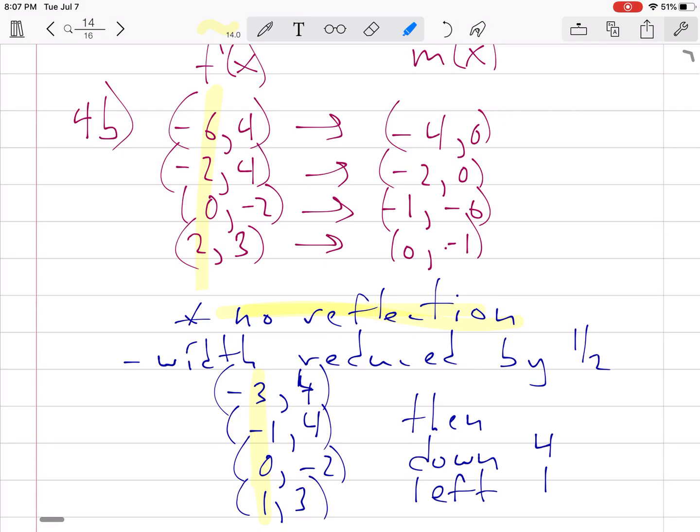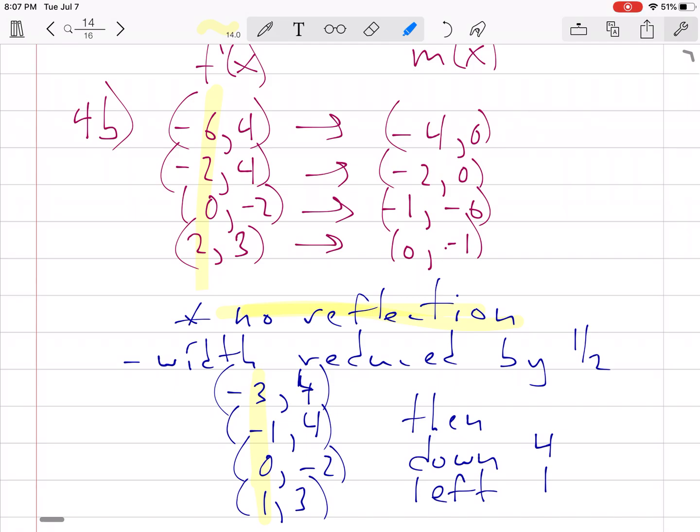So 6 goes to 4, 4 goes to 0, 4 goes to 0, negative 2 goes to negative 6, 3 goes to negative 1, so they've all decreased by 4. And then you can also see that the x values, negative 3 to negative 4, negative 1 to negative 2, 0 to negative 1, and 1 to 0, have all gone left 1.